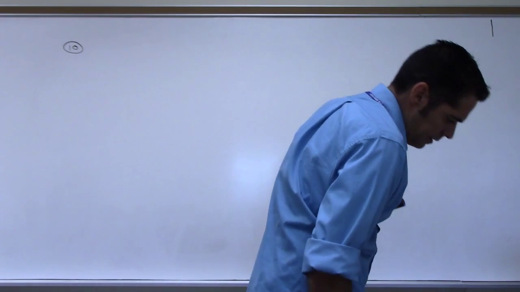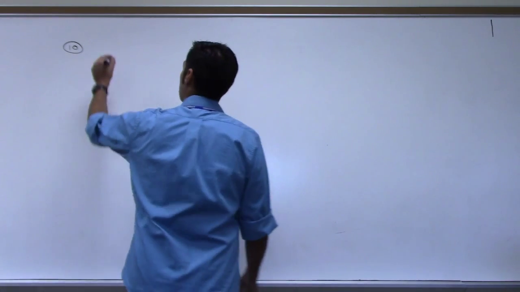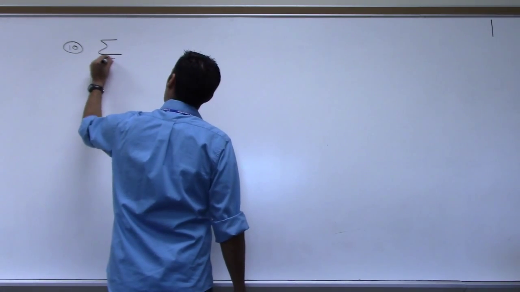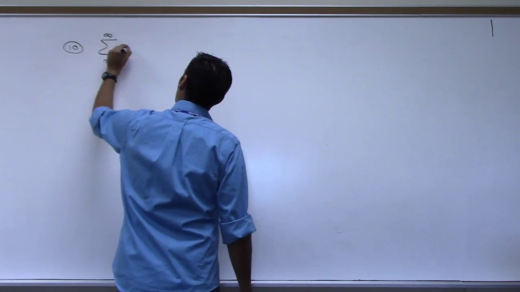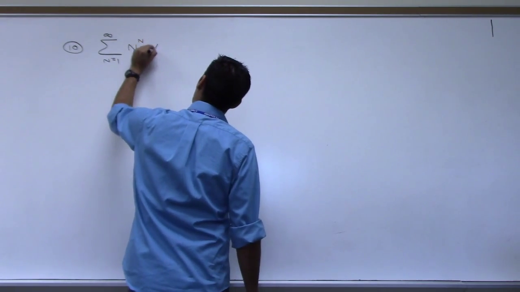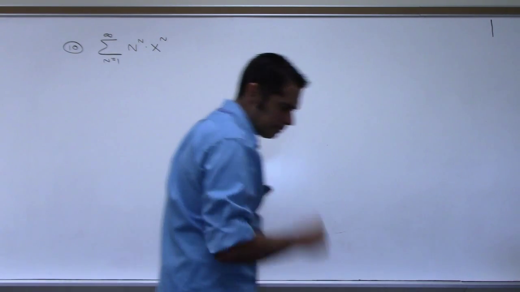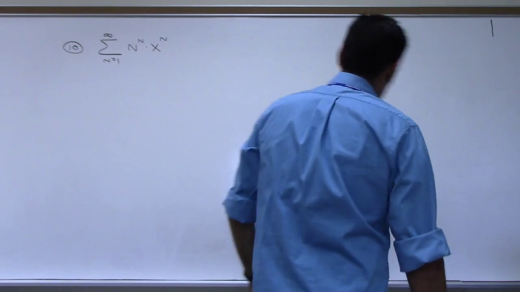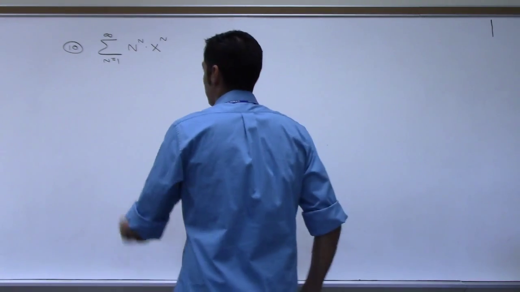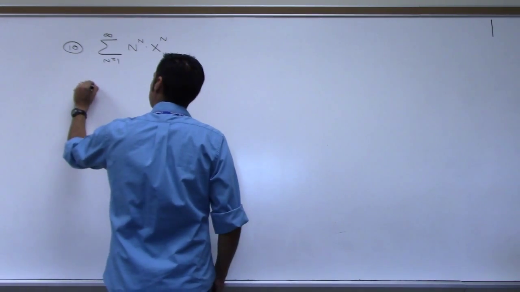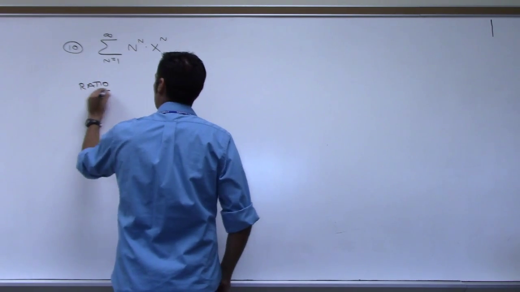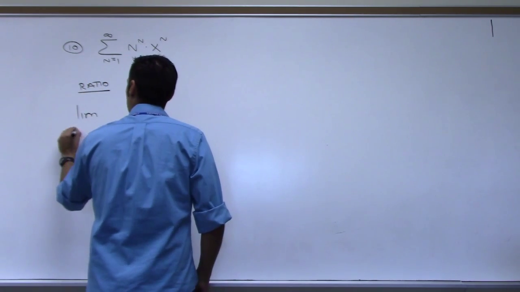Okay, I've got sum n equals 1 to infinity of n to the n times x to the n. I'm going to do a ratio test on this. Might be able to do a root test instead, but I'm going to do a ratio test.